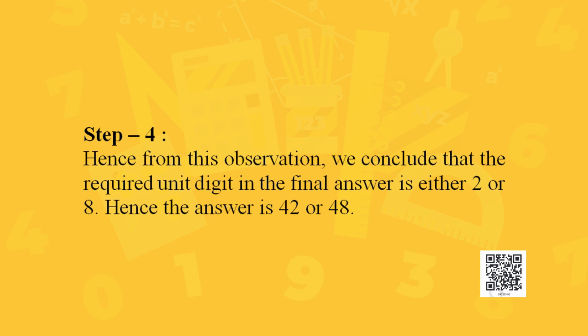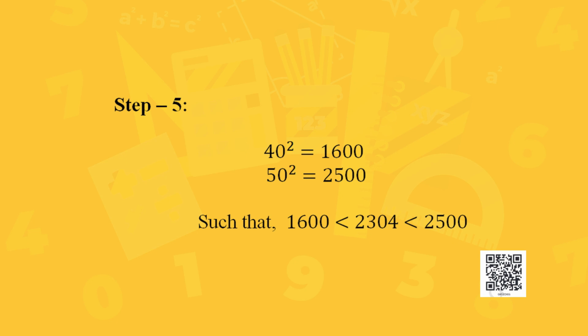As a step 4, from the table of squares, the unit digit 4 appears at 2 square and 8 square. So the answer must be 42 or 48. We have got the numbers 4 and 5. Now by putting 0, we make them 2-digit numbers, and thereby we get 40 and 50. Making them squares, we get 40 square and 50 square, which are nothing but 1600 and 2500.